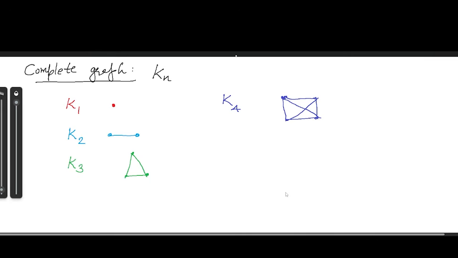Next, K5. Now we can consider five vertices and we can join them like this.